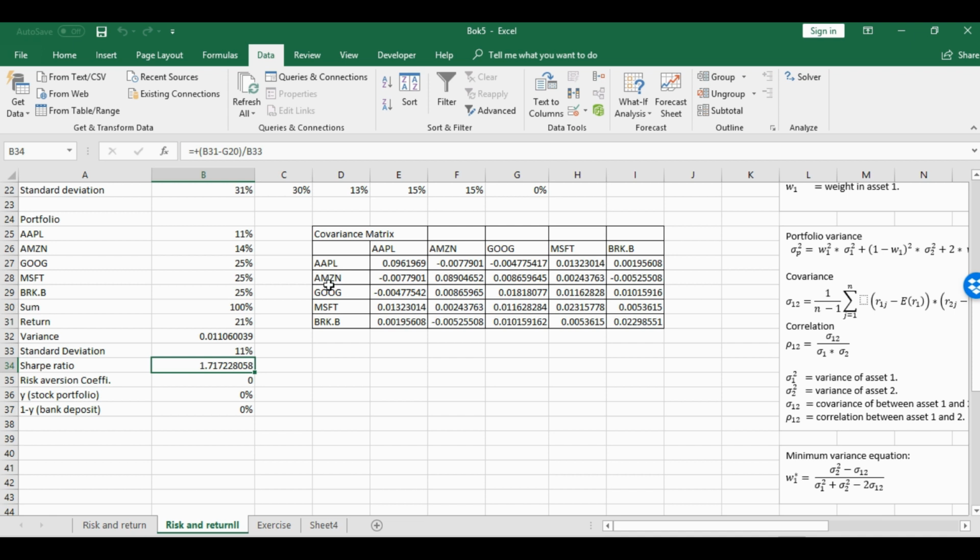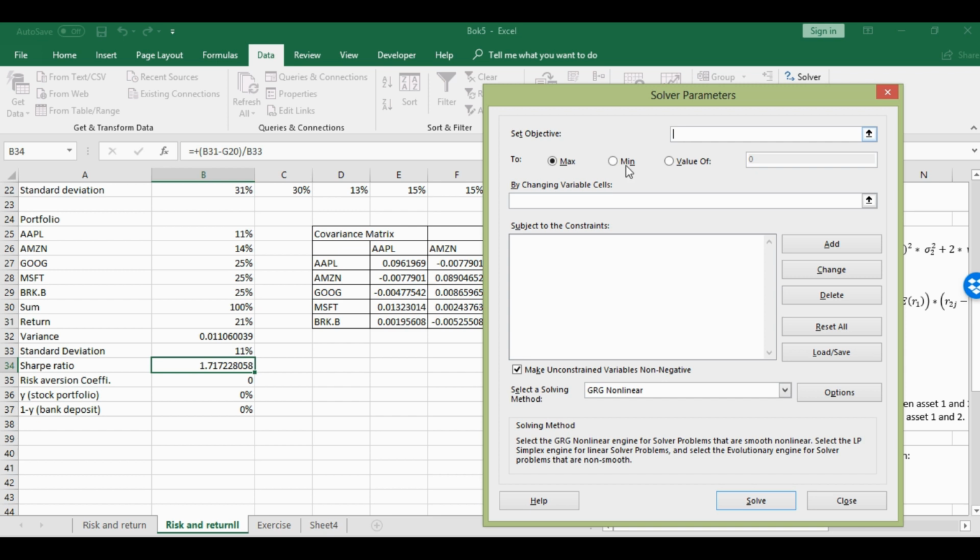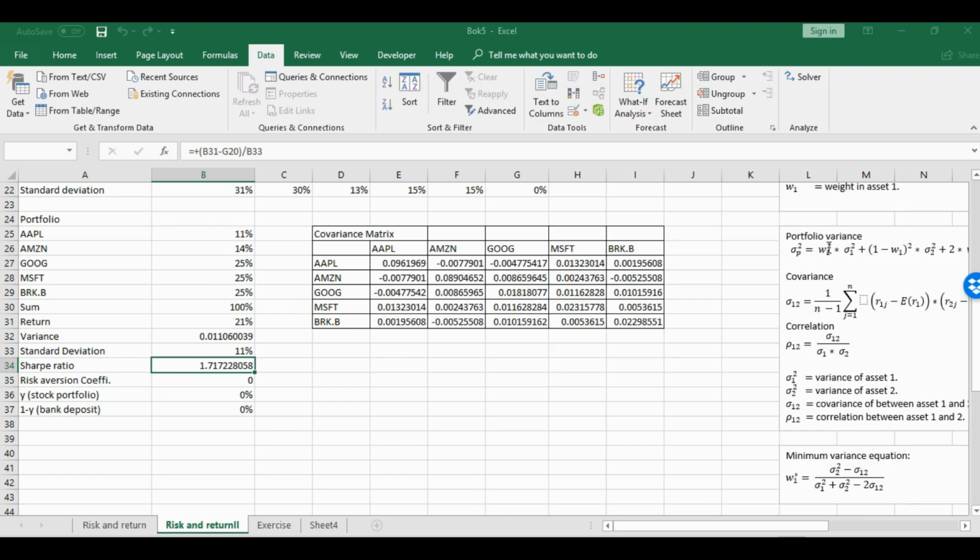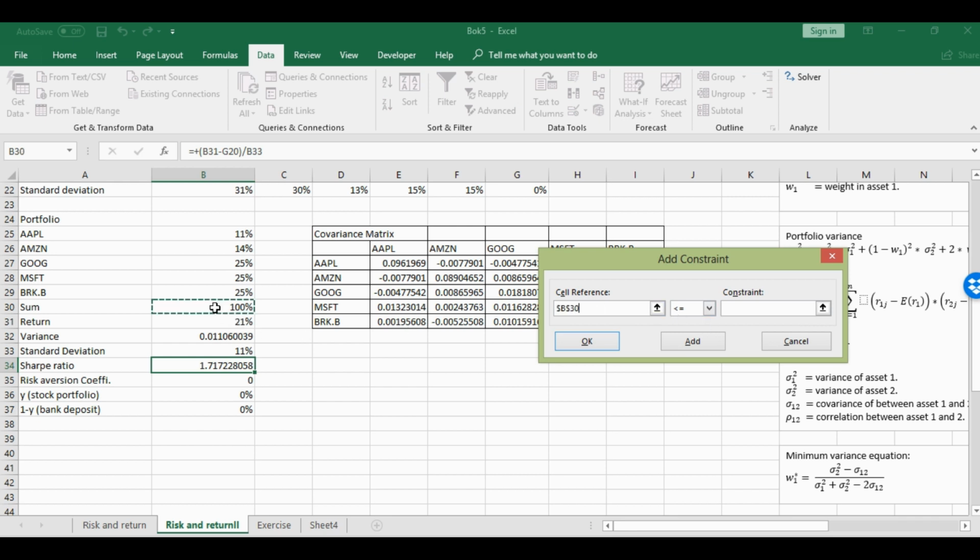We will be using the solver function of the spreadsheet. With solver, we can find the maximum value of this cell by changing the value of these cells. So data, solver, set this cell to maximum by changing these cells. We add a constraint and set these cells to be equal to 100%, that means 1.